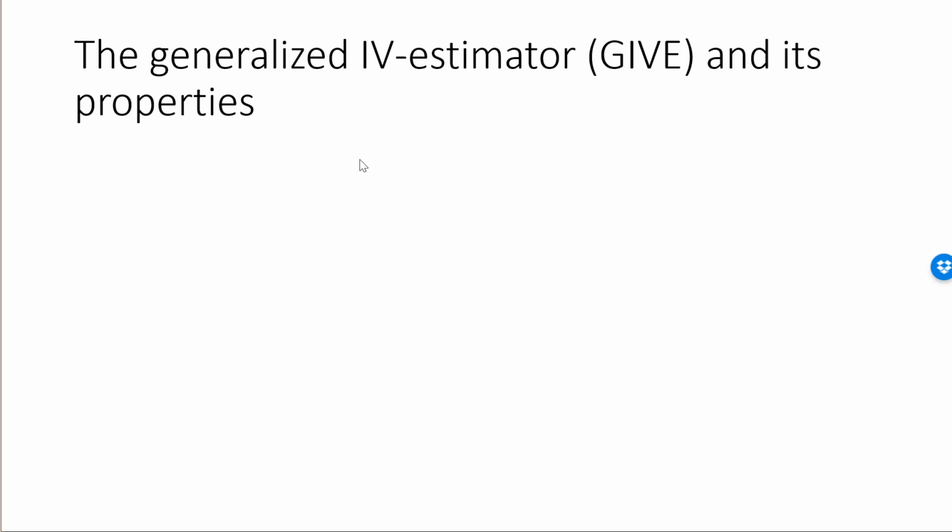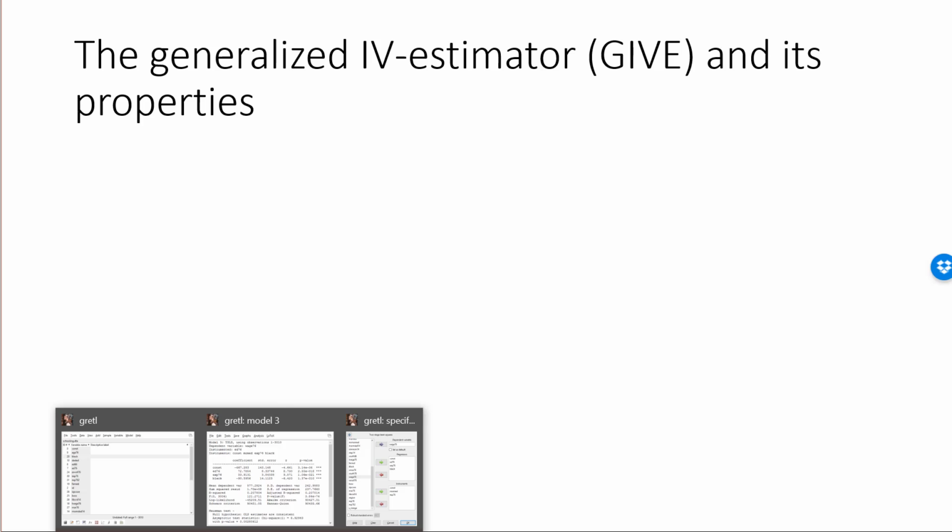As a matter of fact, you don't even need to tell your software whether you want to use GIV or IV. It will figure it out by itself. If the number of instruments that you use is exactly equal to the number of explanatory variables, it will use IV, and if you have more instruments than explanatory variables, it will use the generalized IV.